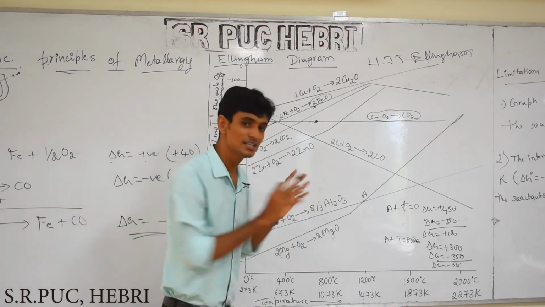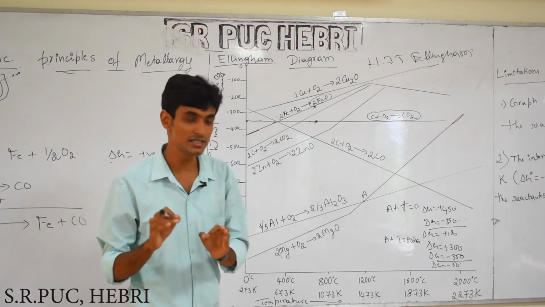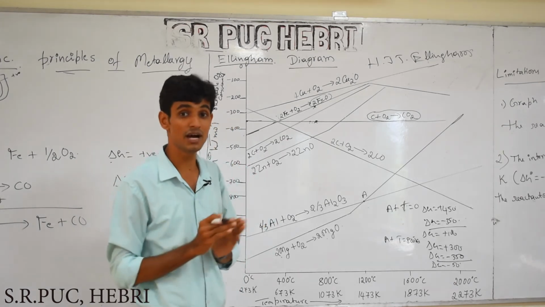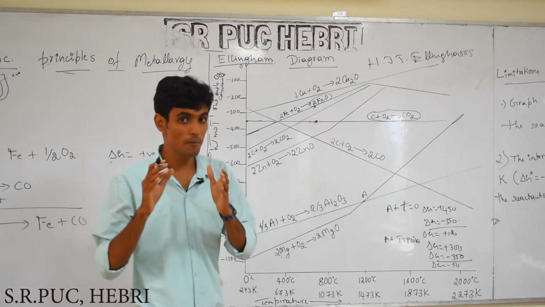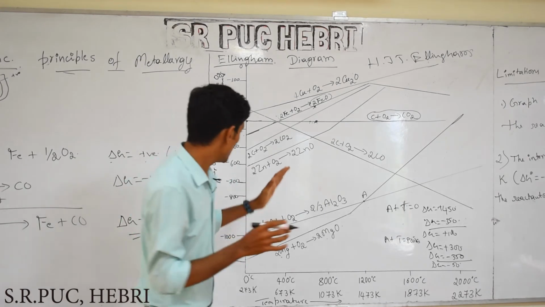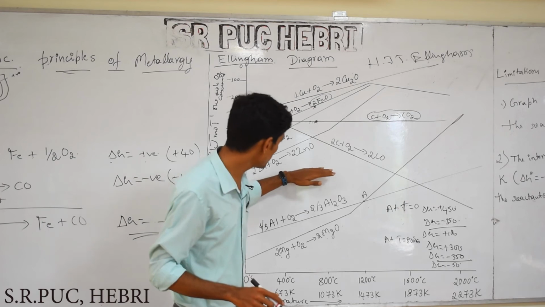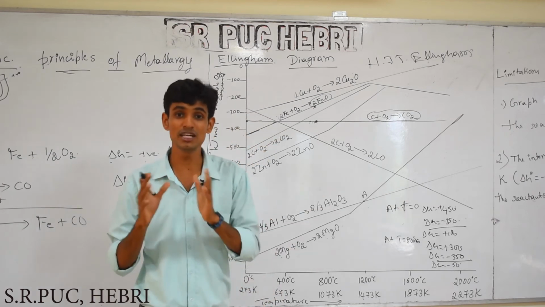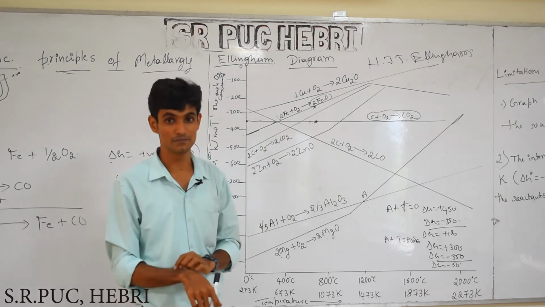So this graph is useful for predicting which is the reducing agent and at what temperature we have to carry out the reactions. By looking at this graph, we can decide at what temperature we have to perform the reaction, and which reducing agent will be suitable for reduction of any metal oxide.